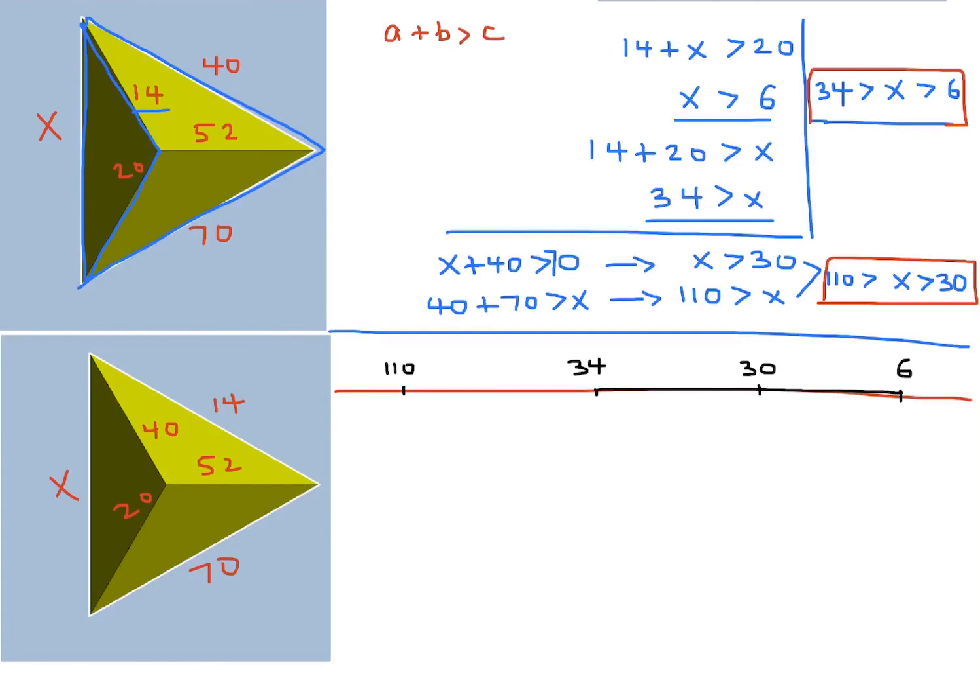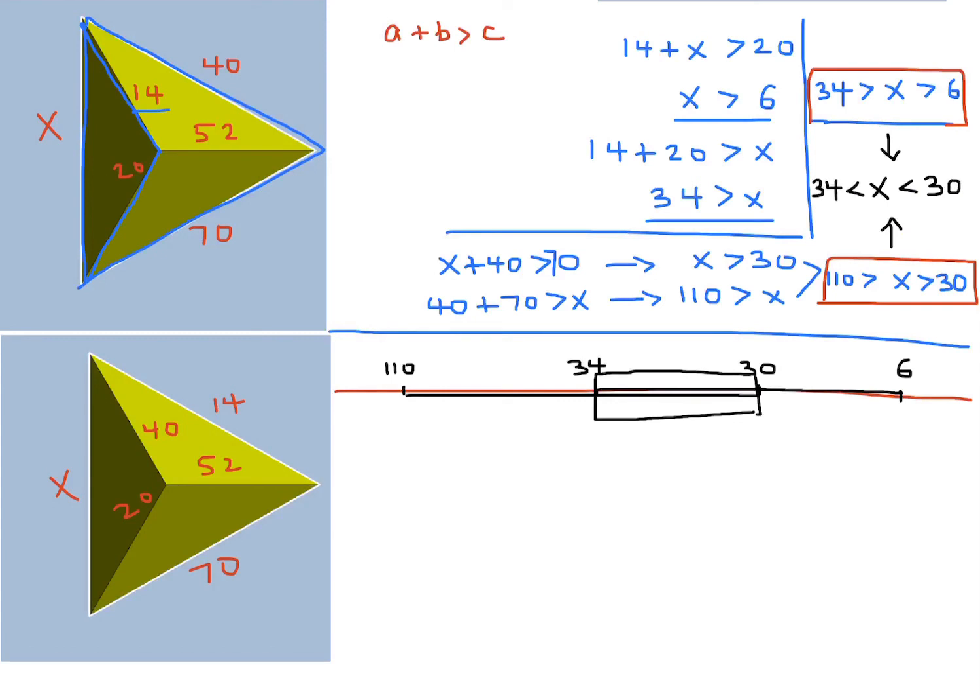From our next one, x is between 110 and 30. So the common is what we look at. What's common? It's right here. Do you notice how that was common to both? So what's common? The solution of this, if you combine these and these, is x is between 30 and 34.